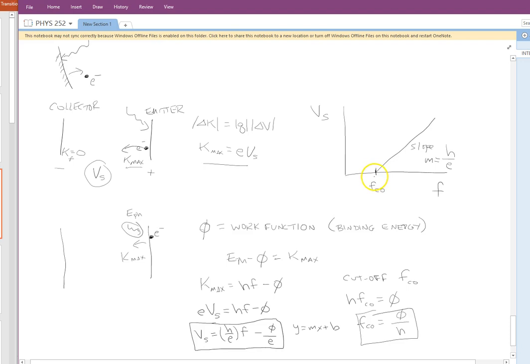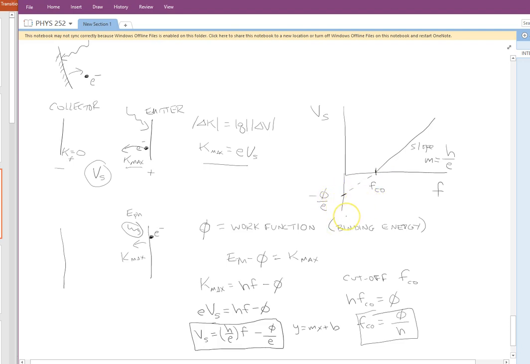If you extend this line down, that is predicted to be minus the work function of the metal over the fundamental charge. Again, the work function is characteristic of what type of metal this is.